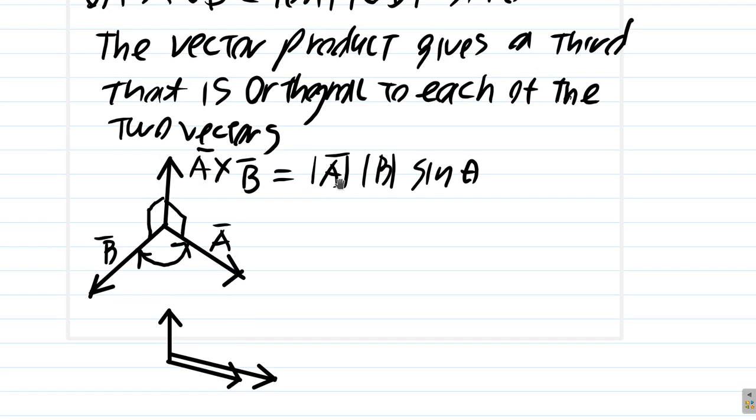So this is A and this is B. Now in this case, magnitude of A by magnitude of B, sine 0. What is sine 0? It is 0, right?